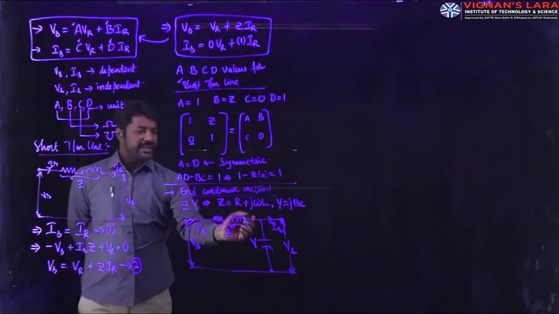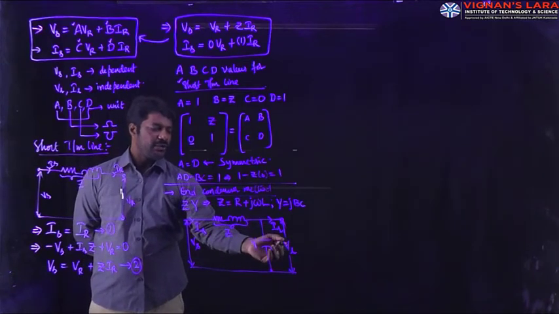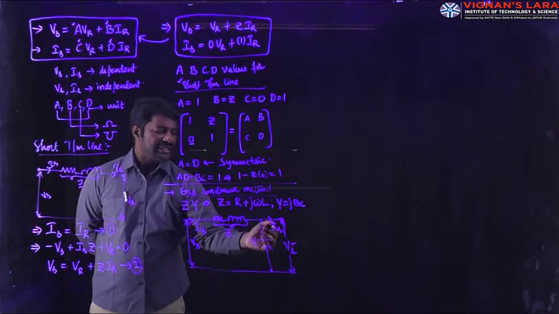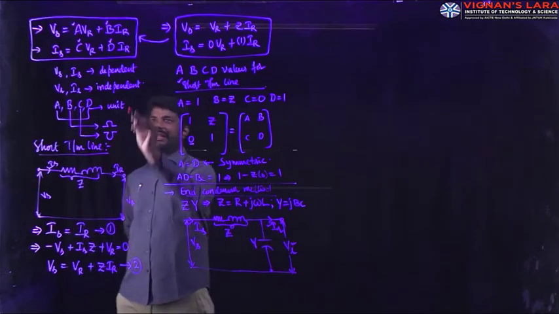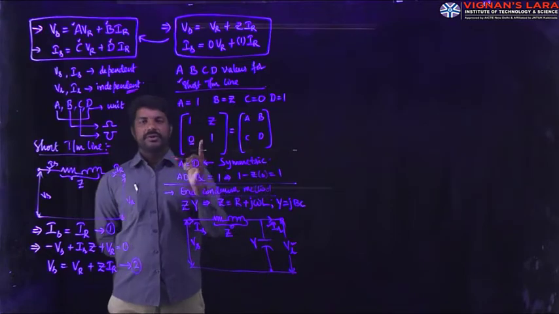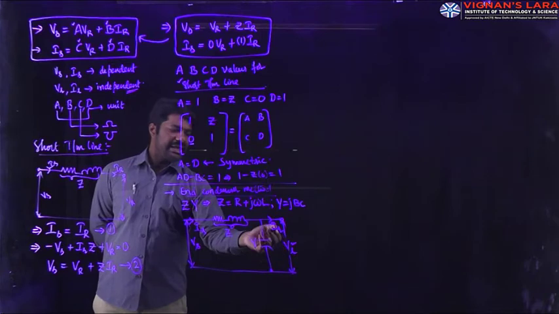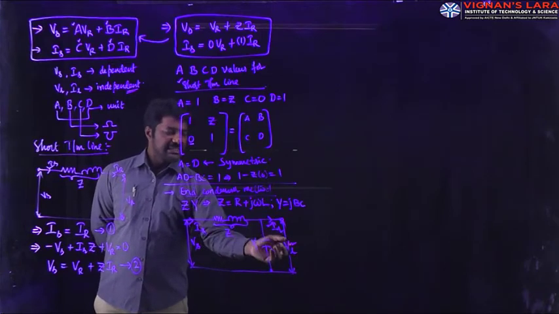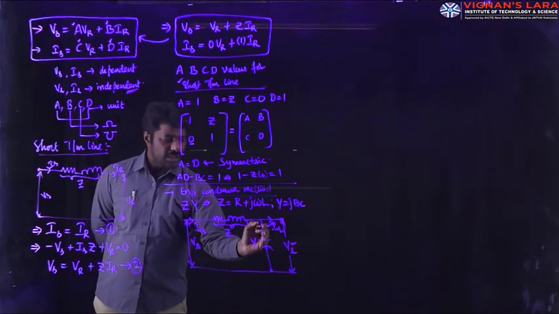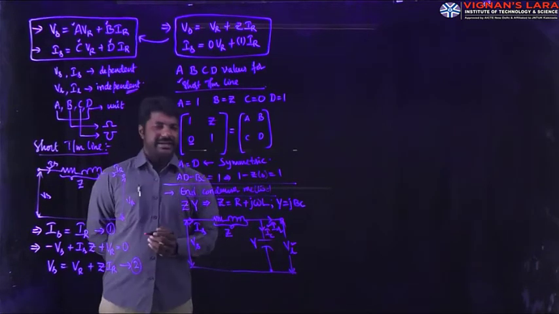So, starting with the receiving end side, for known values of VR and IR, as I told you, they are independent. Since they are independent, their values will be known prior to our analysis. So VR and IR are known quantities. Since VR is known and Y is known, the branch current, the capacitor current IC, can be estimated.